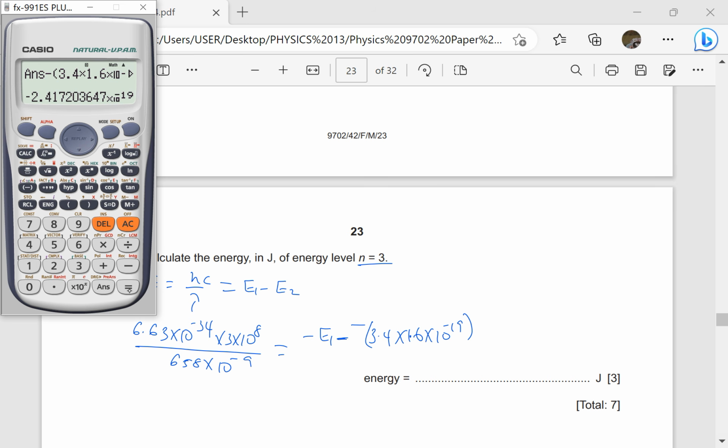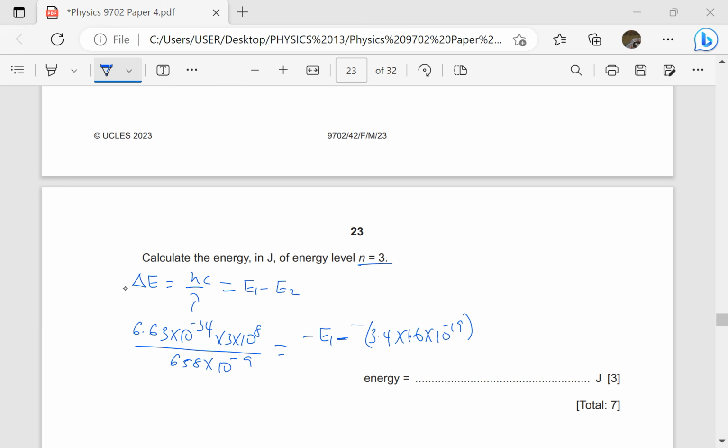Let me check again. No, it is supposed to be minus, because this one is a plus.